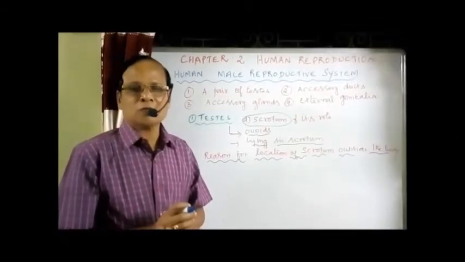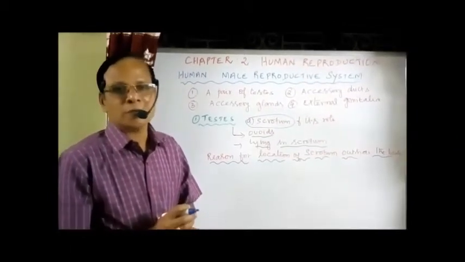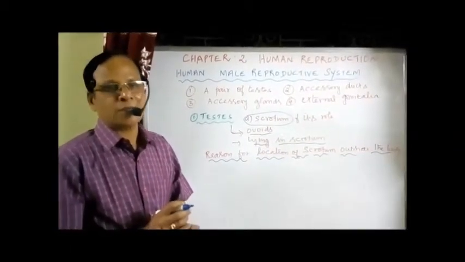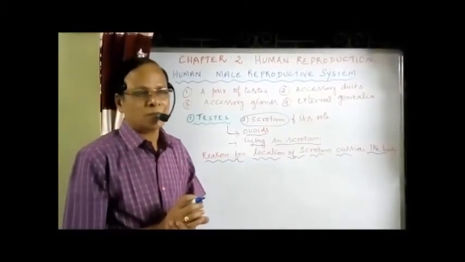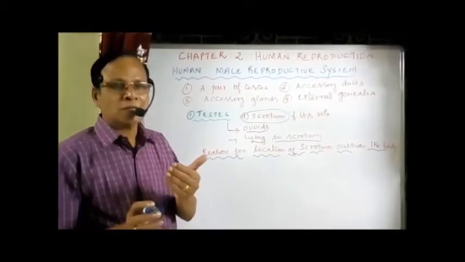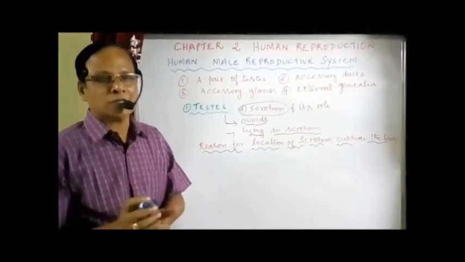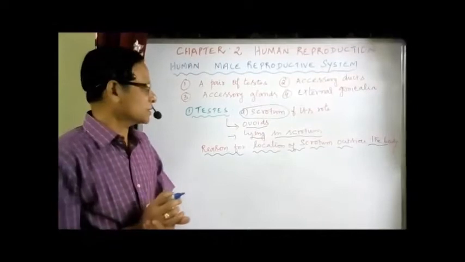Spermatogenesis cannot occur at a normal body temperature of around 37 degrees Celsius. It needs a temperature lower than 37 degrees Celsius.